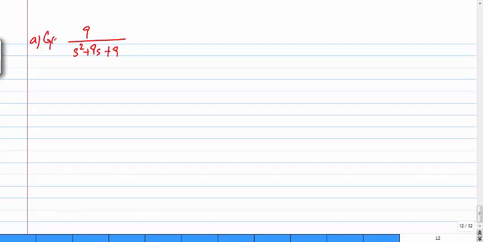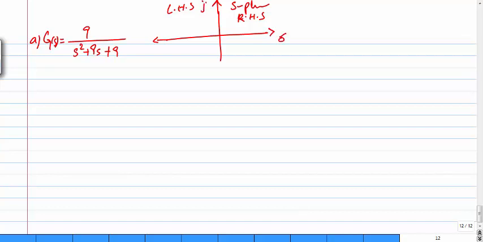So this is the first G of S. So for this system, if I plot the pole zero plot, this is your S plane, this is known as right hand side, this is known as left hand side. Okay, so this is your real axis, this is your imaginary axis.